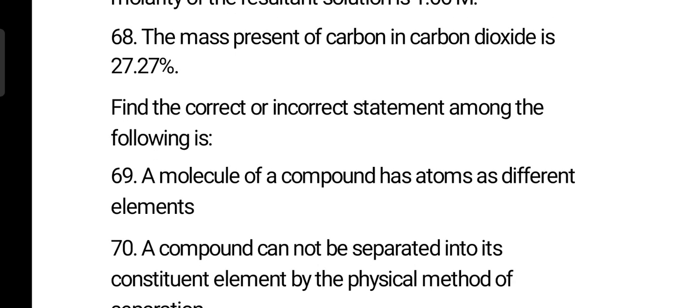The mole percent of carbon in carbon dioxide is 27.27%. Find the correct or incorrect statement among the following. A molecule of a compound has atoms of different elements.